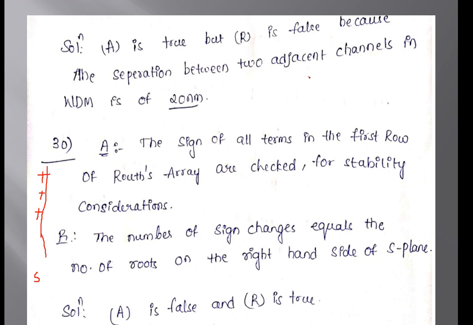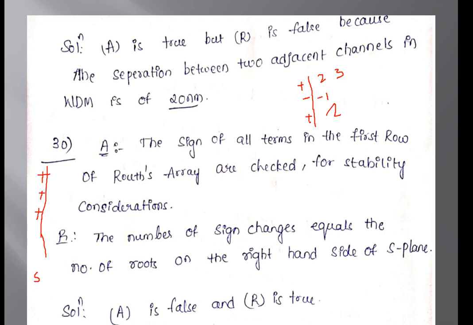For example, consider this Routh array, where you have here some 2 and 3. Let us say here you have -1 and here you have +2. So in the first column we have +2, in the second column -1, and in the third column +2.